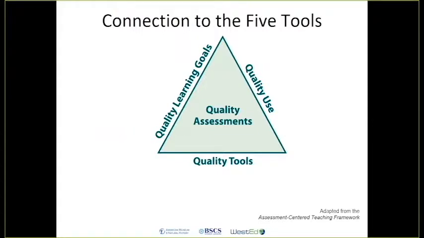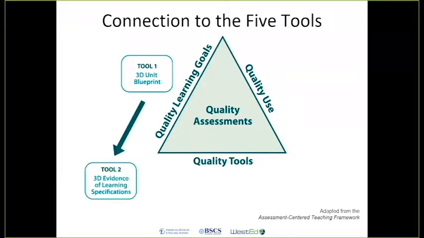So how does that work with the 5 tools? In Tool 1, we developed that 3-dimensional blueprint, meaning it had the core ideas, the cross-cutting concepts, and the science and engineering practices for a unit that contains roughly 3 to 5 instructional sequences that align with the learning goals in our Arizona Science Standards. Right now, we're going to develop criteria or evidence for learning specifications in Tool 2 that will inform the development of those quality assessments.